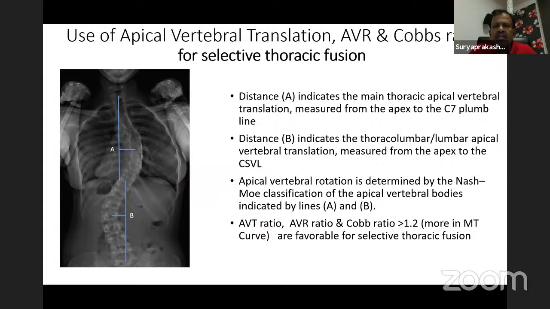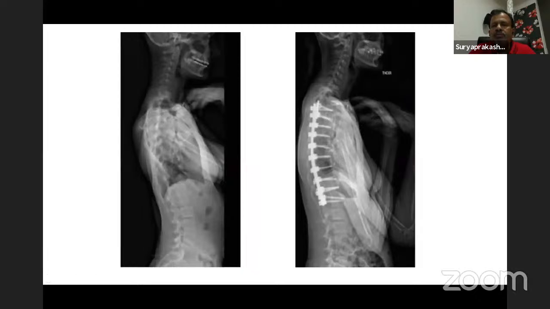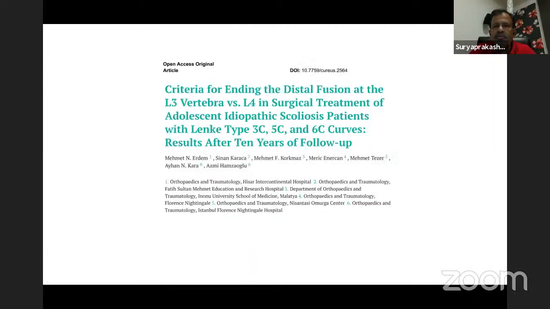All these ratios are calculated just to ensure that the proximal, the main thoracic curve is the more structural one. And then in this case, when these criteria are maintained, we can get away by doing selective thoracic fusion, like in this case. Well, there is a structural lumbar curve underneath, but then as overall good balance is obtained, there is no problem.